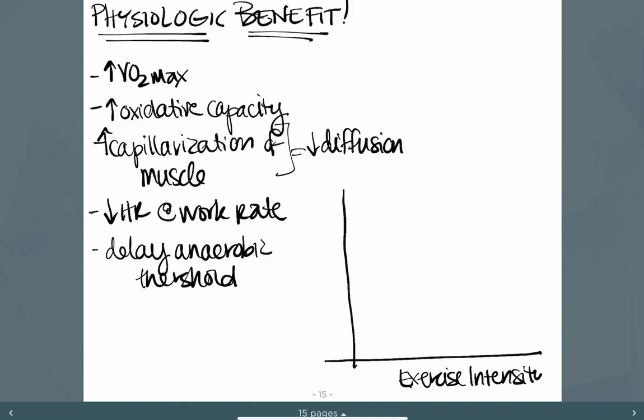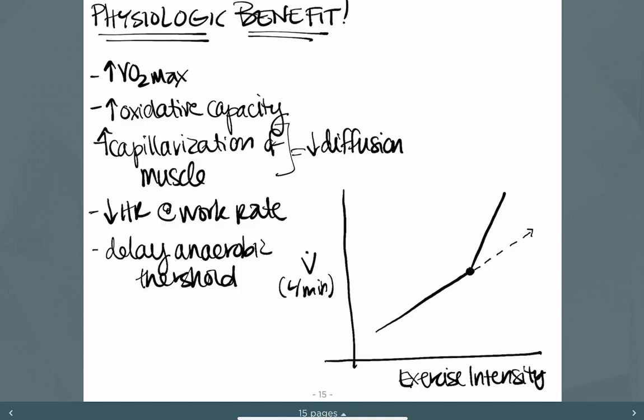how hard is our patient working, and their minute ventilation, we see this linear relationship, and then something happens where all of a sudden it bends up, and we have a greater increase in ventilation than would be expected based only on exercise intensity. So if nothing else changed, you'd expect minute ventilation to keep going up linearly.